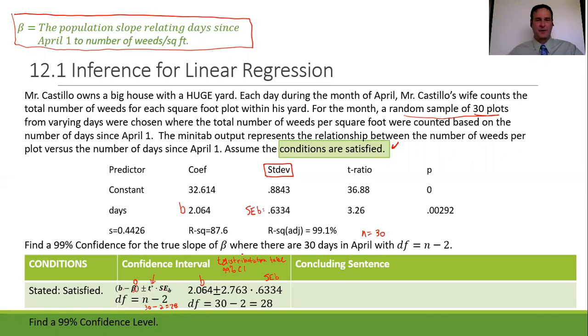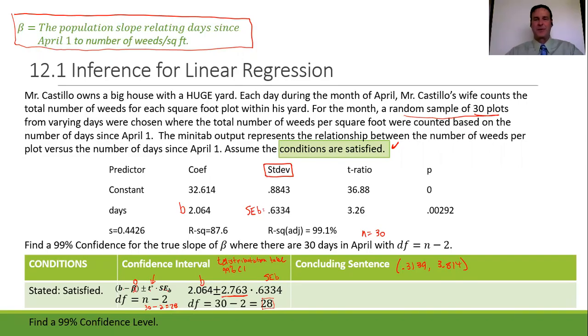Then you'll scroll up to a degrees of freedom of 28, and you'll find you have 2.763. If you were to do that math, you would get 0.3139 and 3.814. Those are the plausible values for the 99% confidence interval for our beta.